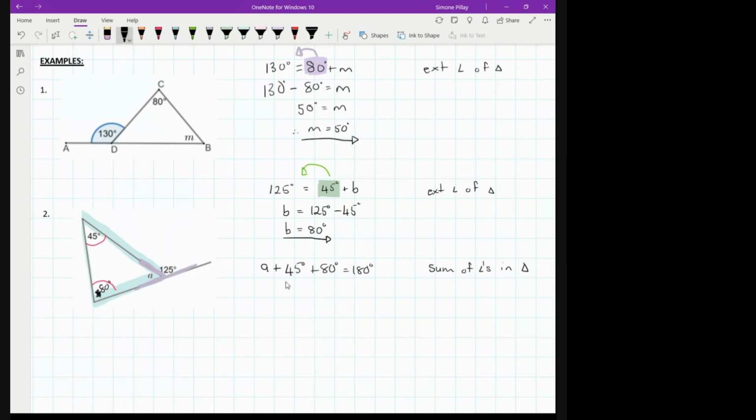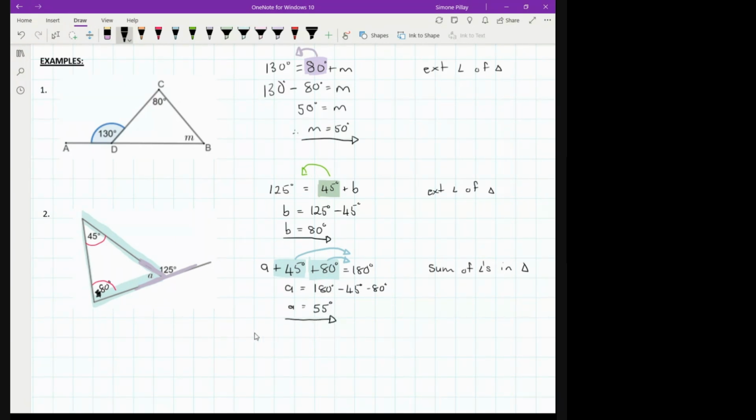And then we're going to say a equals 180 minus 45 minus 80, and the answer is 55, ma'am. There we go. So this was the one way we could have calculated a.